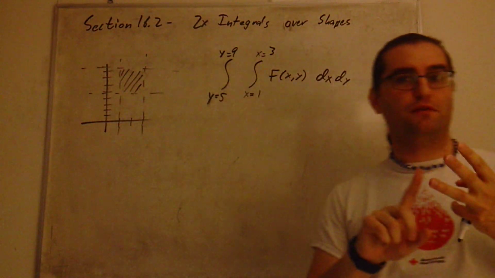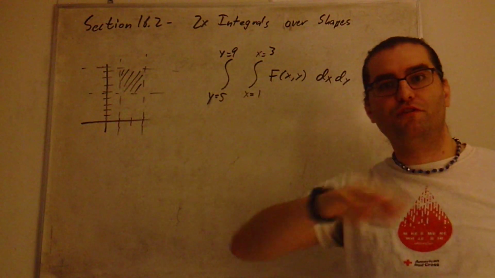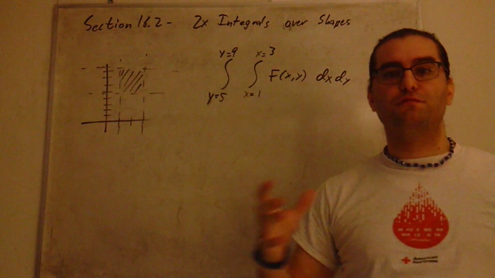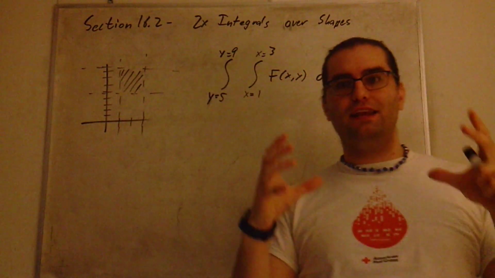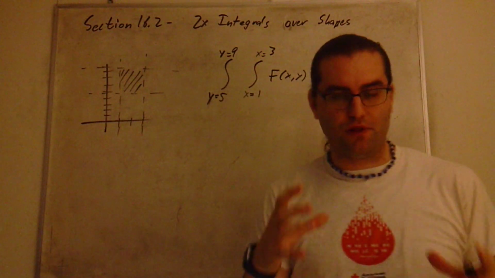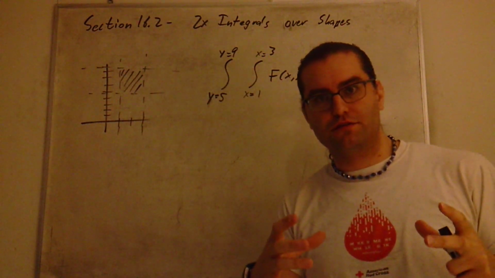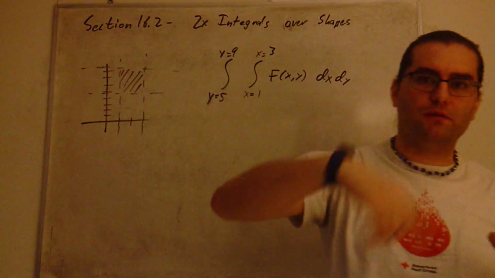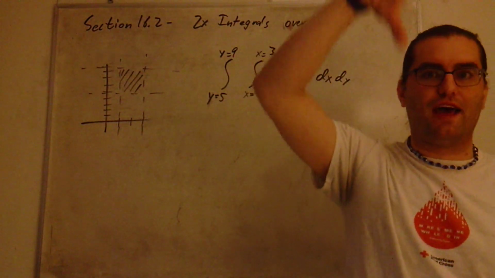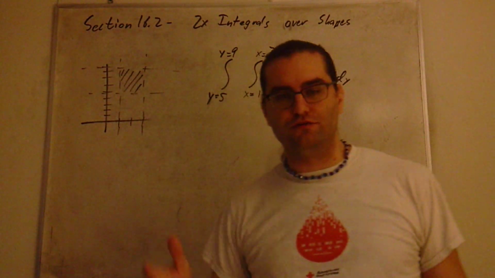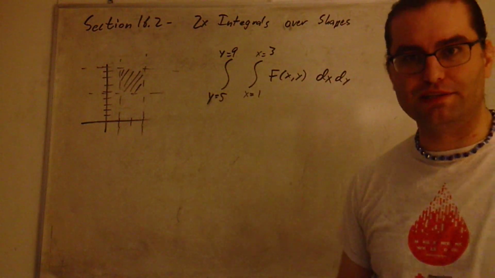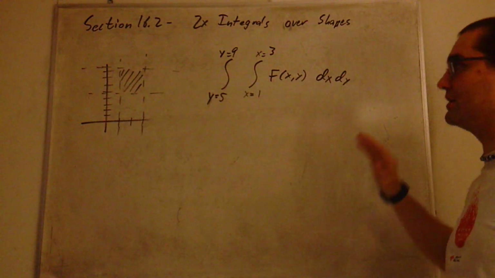I want to do parabolas. I want to do weird, goofy wave functions. I want to be able to define any region on the xy plane using functions, and I want to be able to do a double integral over that region, no matter how weird or goofy or bizarre or wiggly its shape is. And that is what we're doing today.